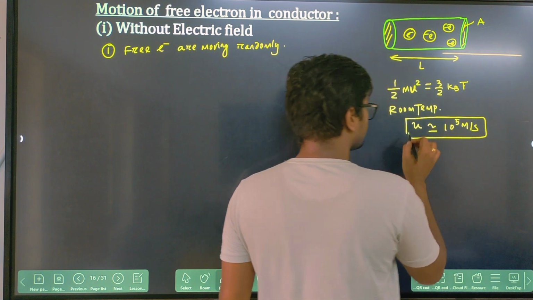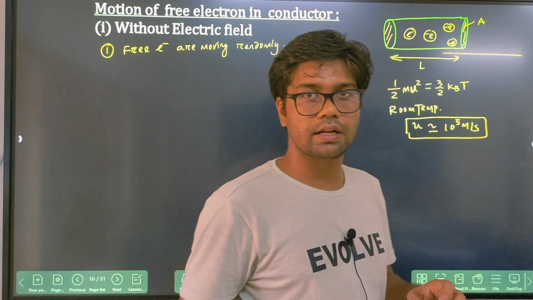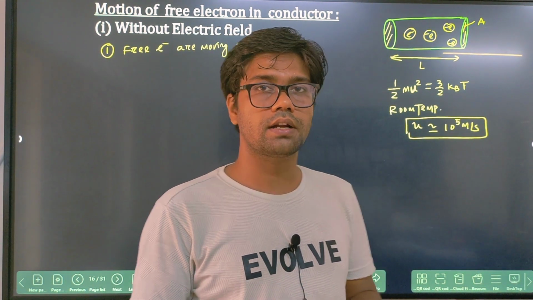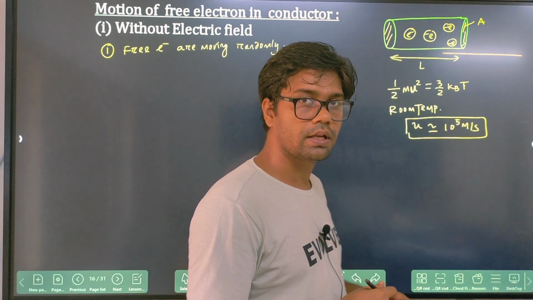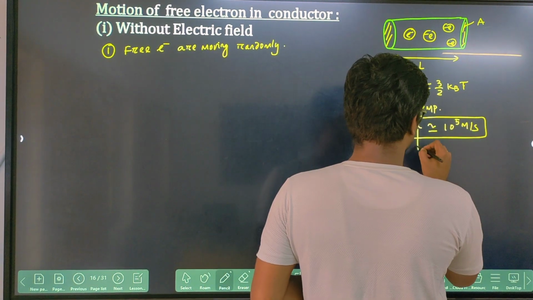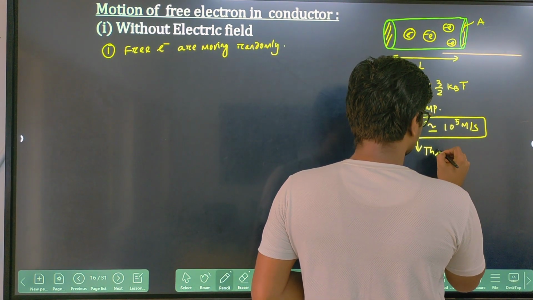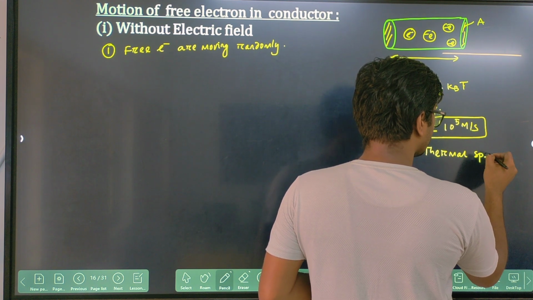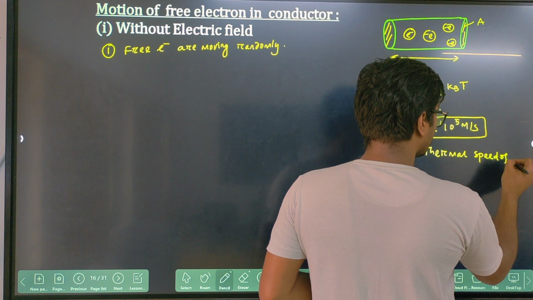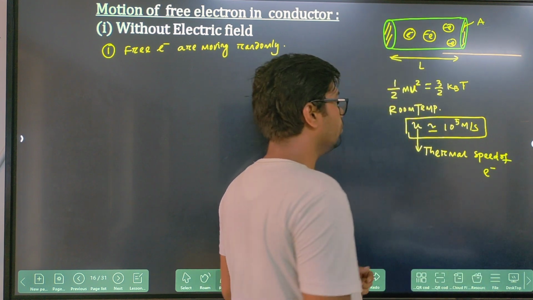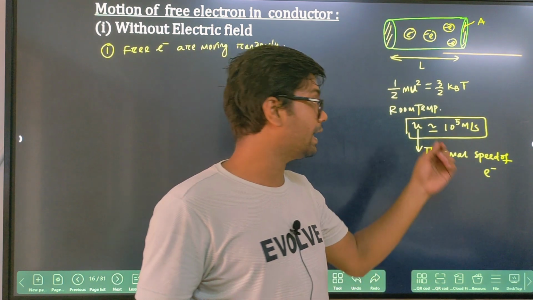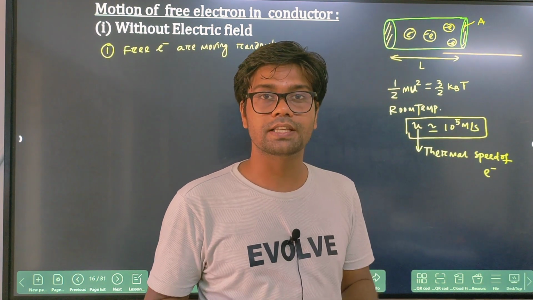At room temperature, the electrons in a conductor are moving with this much speed, and this speed is called the thermal speed of electron.